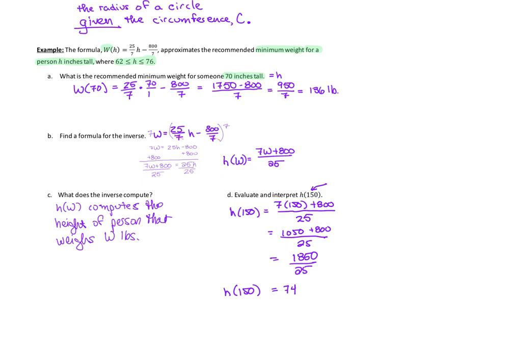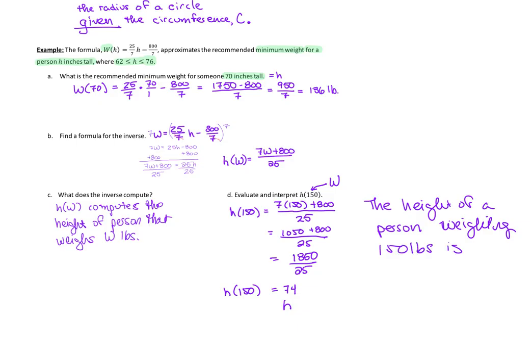And so just a reminder that the number inside is a W. We are finding H, and so what this is: the height of a person weighing 150 pounds is 74 inches.